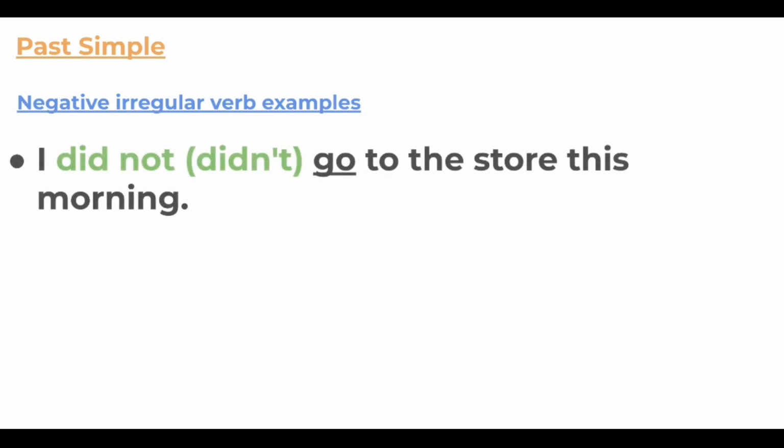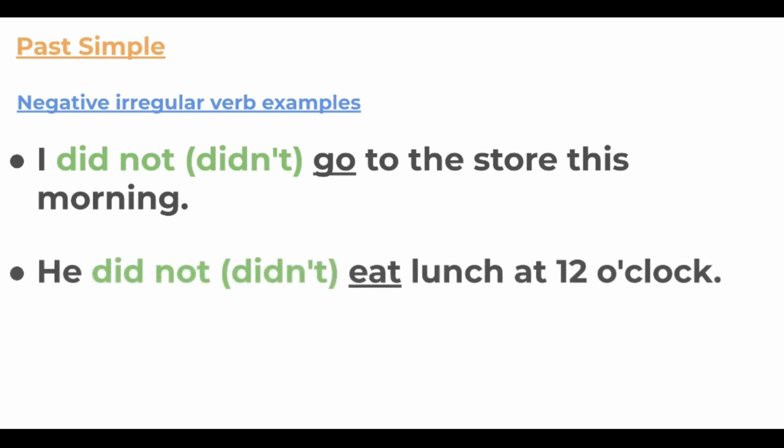I didn't go to the store this morning. So go, you can see to go is the infinitive there. Went is the past tense form, but we switch it back to go when we're doing a negative. He didn't eat lunch at 12 o'clock. Eats becomes ate in the past tense, but here we use eat.